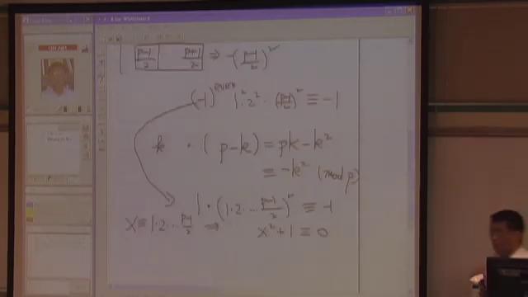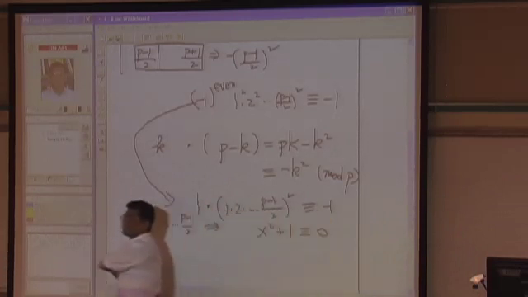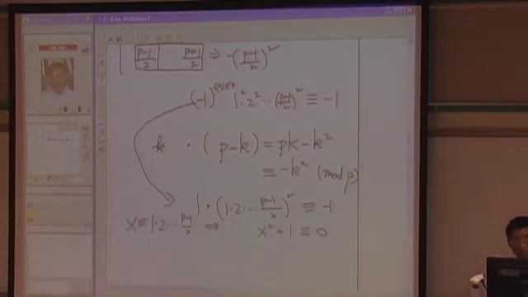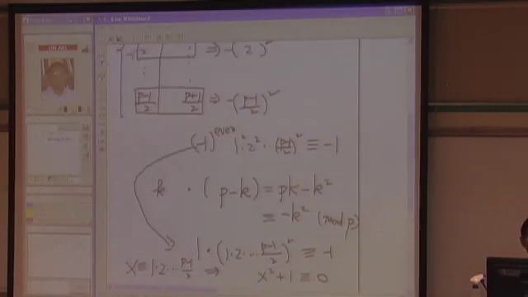Solution is what? 1 through the half, right? 1 multiplied through the half. So you now clearly see why the requirement p is congruent to 1 mod 4 is there. If it is odd, what happens? If this is odd, then this negative will survive.